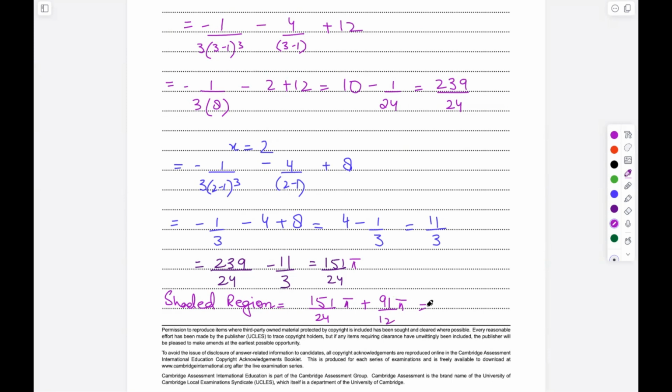Substituting this in the calculator, we have 151 over 24, and we'll add it to 91 over 12. So the final answer will become 111 over 8 pi. So that is 111 divided by 8 pi as the volume of the shaded region.